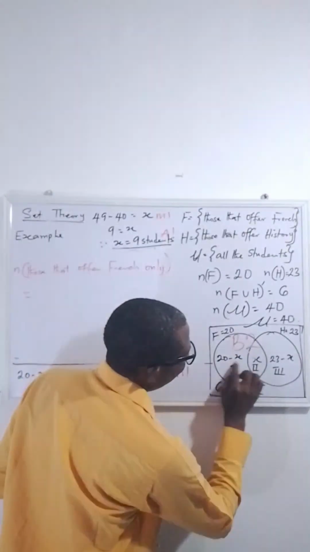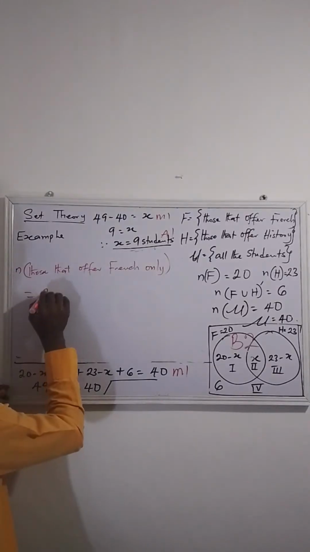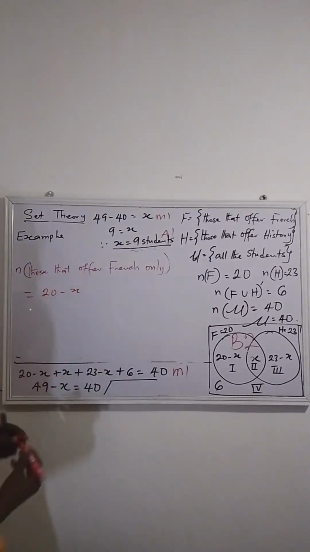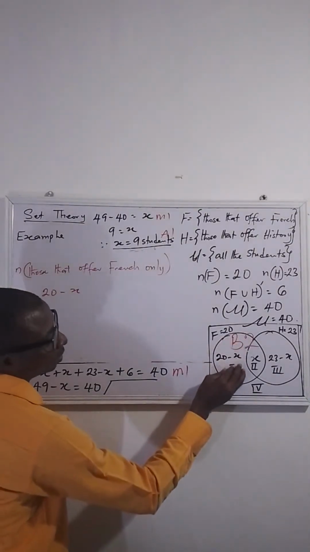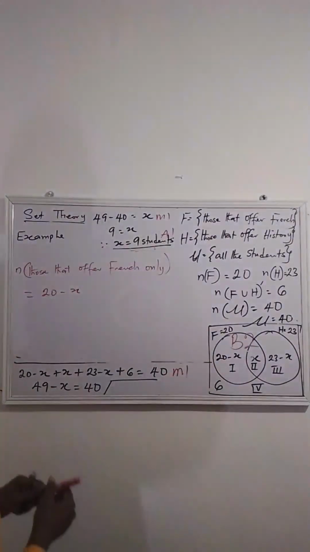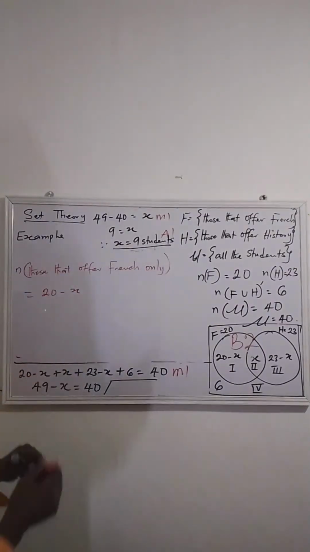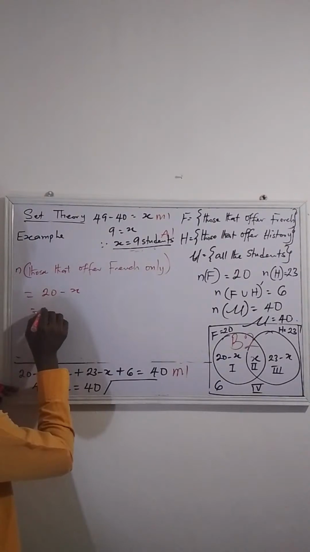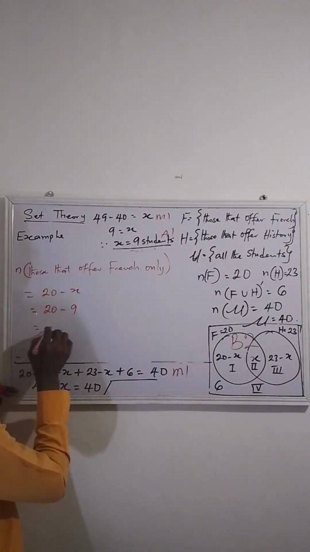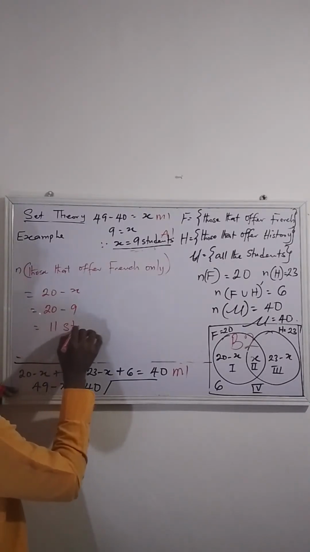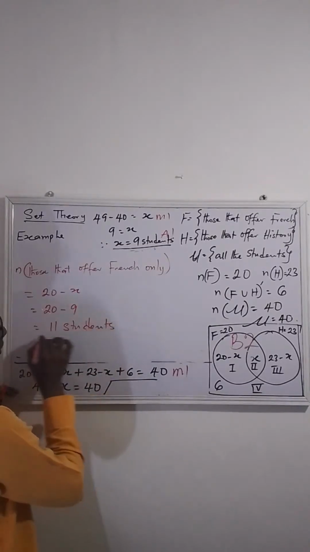So the number of those that offer French only is 20 minus x. Don't forget, we have already gotten the value of x to be 9. So that is going to give you 20 minus 9, and the answer is going to be 11 students.